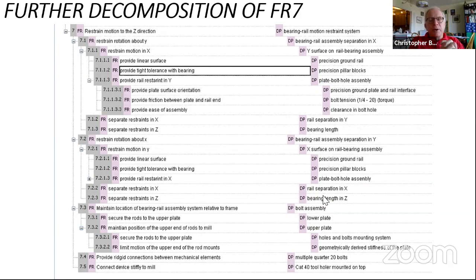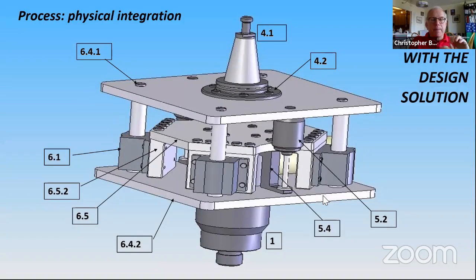But so we had over 2,000 FRDP pairs just for safety systems. So when the design is all done, one of the things you would like, in the solid model, is to record the design intent with the design solution.